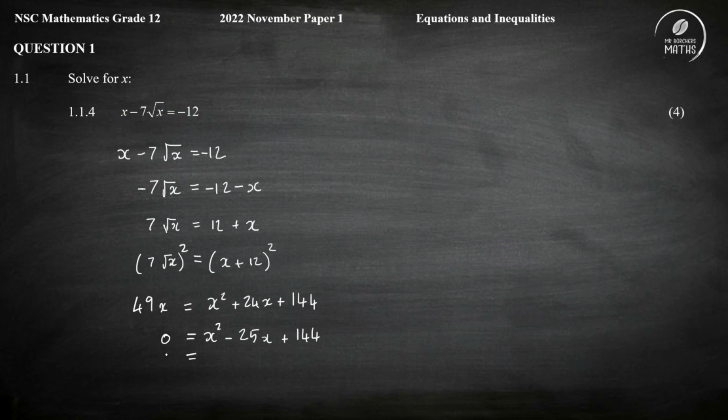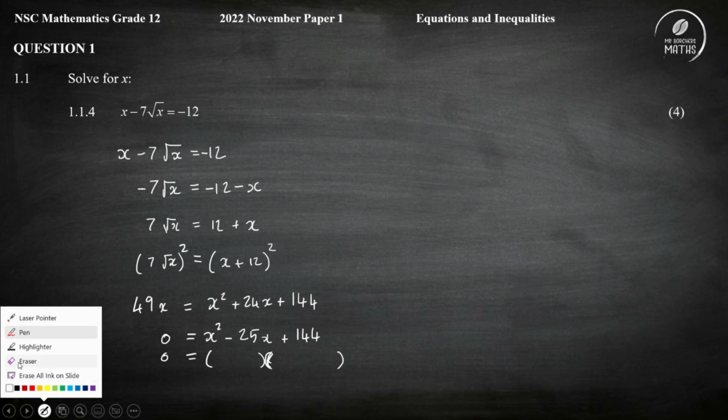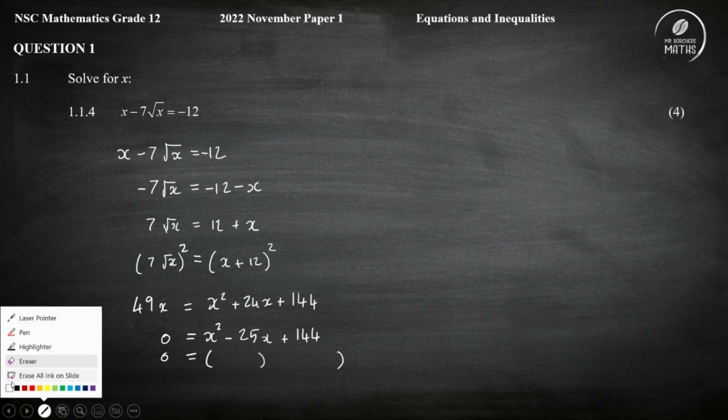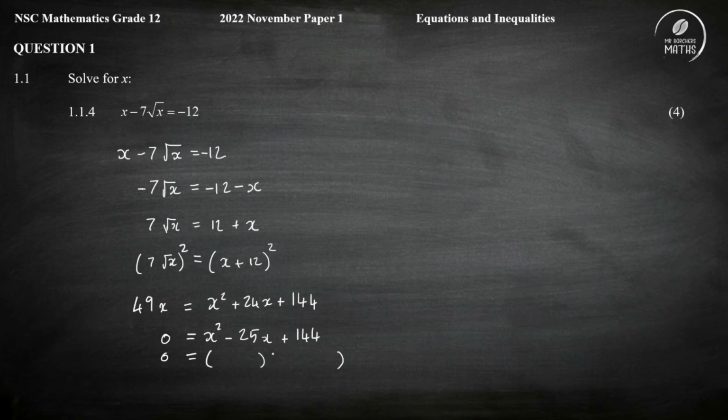Now this equation can be solved by factorizing. And the factors that would multiply together to make 144 and would add together to make a negative 25 would be 16 and 9. So we would have x minus 9 in one bracket, x minus 16 in another.